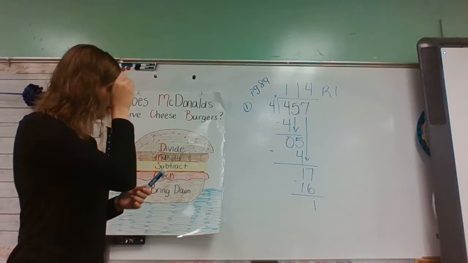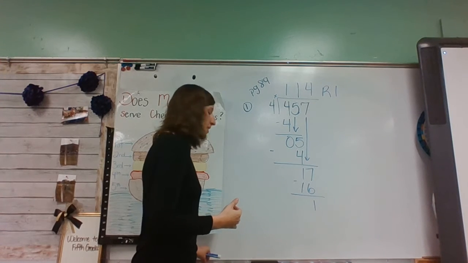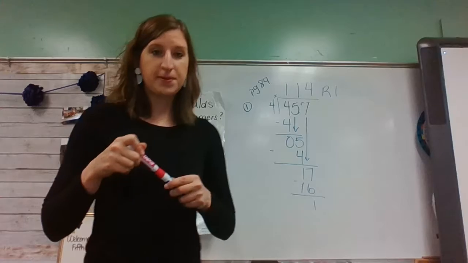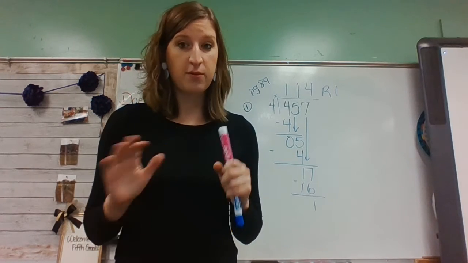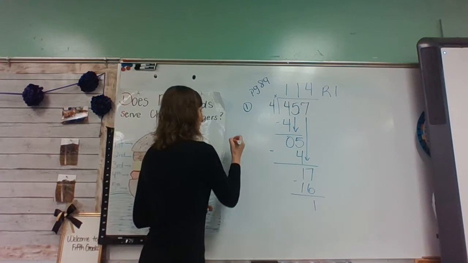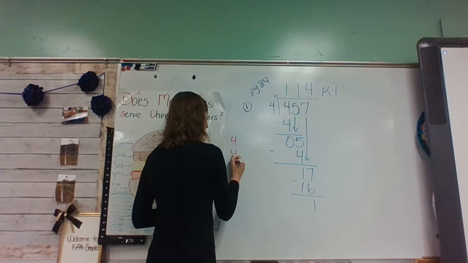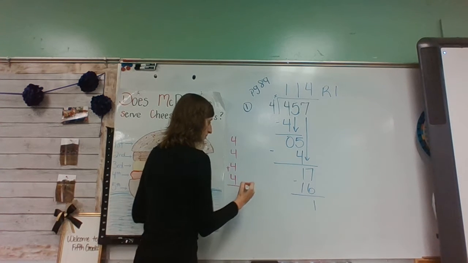Okay? Now, one thing that I do want to touch on a little bit is the multiplication facts, how many times 4 goes into 17. Let's say that wasn't coming quick enough. Let's say I'm not sure. Then one trick that you can do out on the side is write your 4s and add them up.